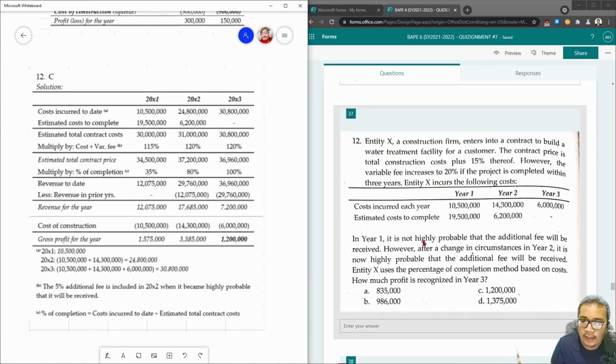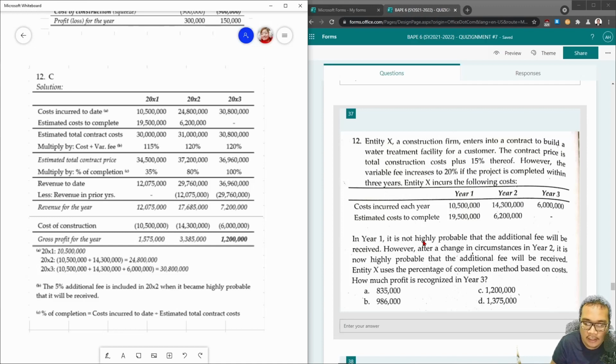So, number 12, entity X, construction firm, enters into contract to build the water treatment facility for a customer. The contract price is total construction cost plus 50% or cost plus variable fee. So, variable fee. So, pagdating sa mga ganyan, ano yung sinabi ng standard?